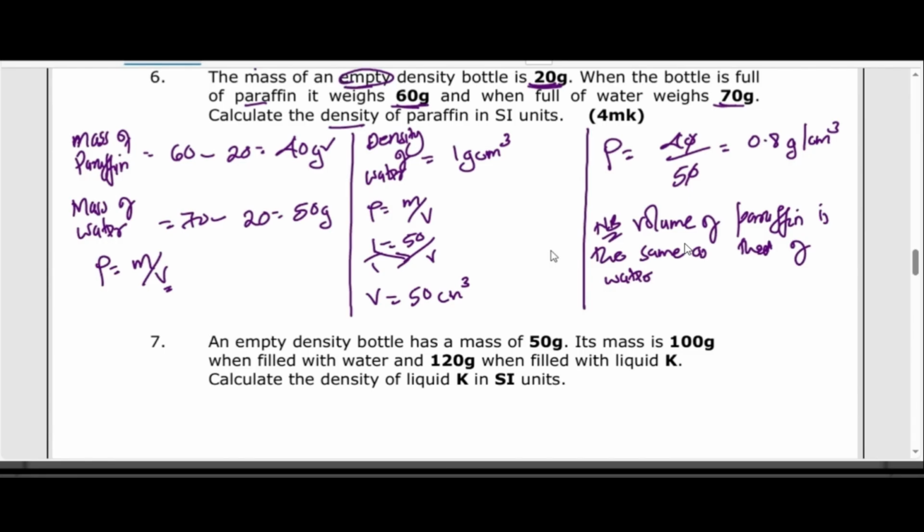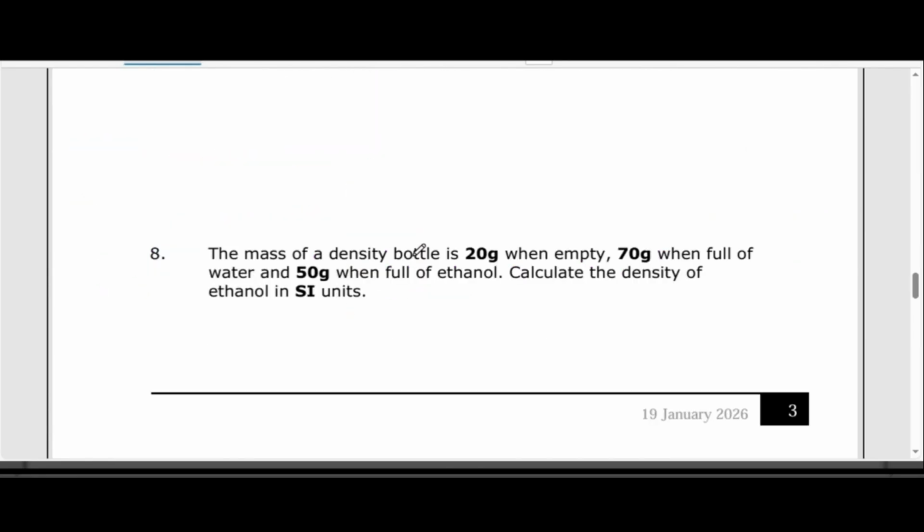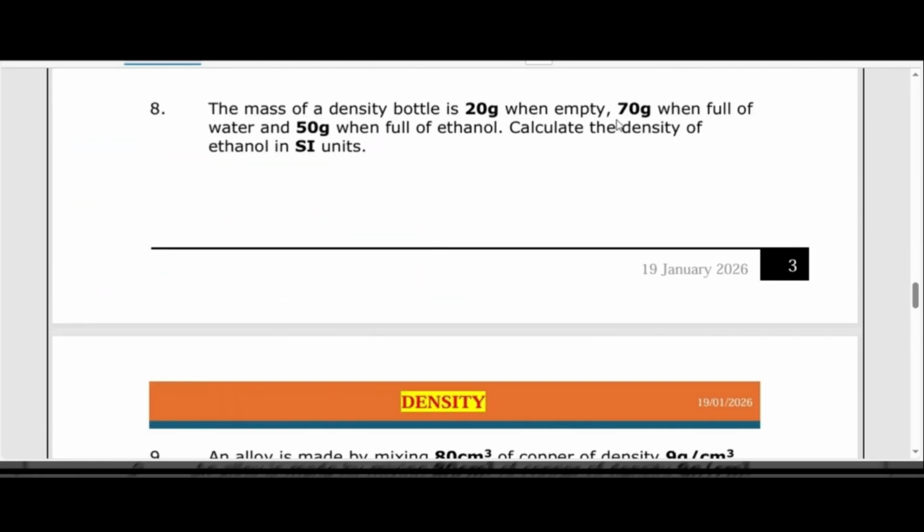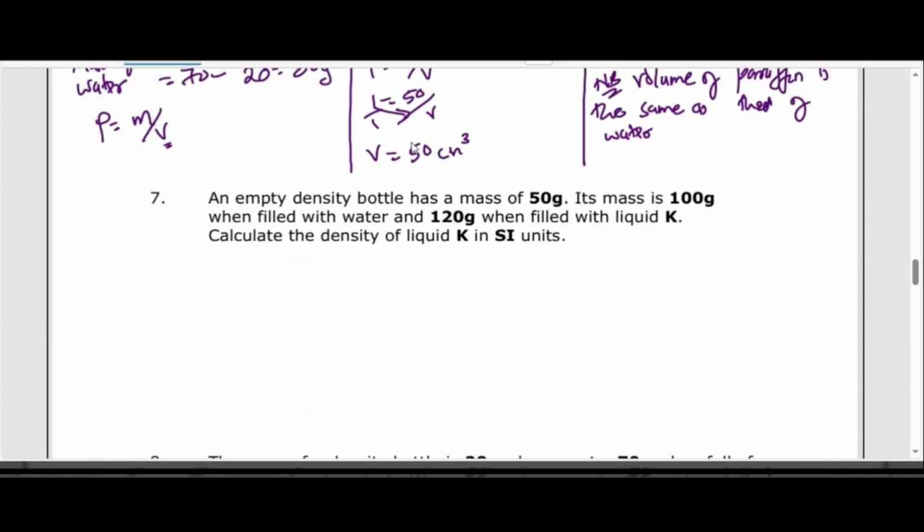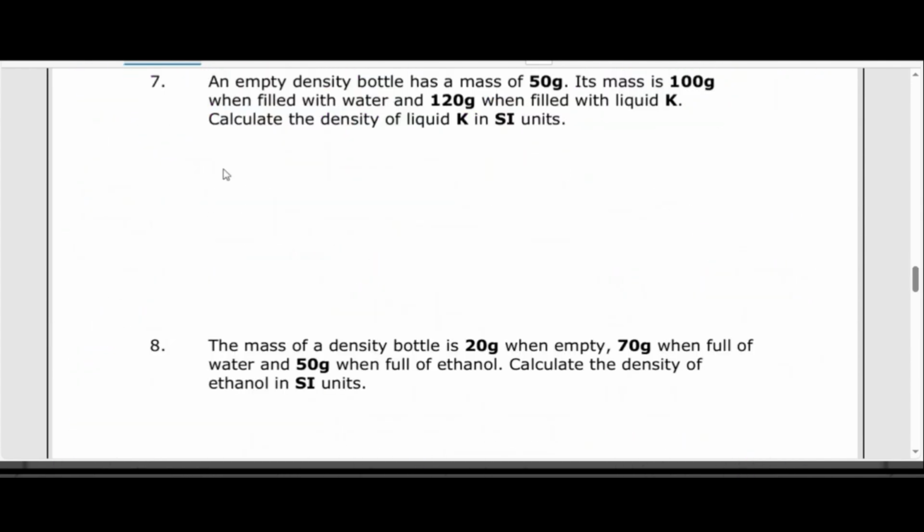The next one, I'll go to number 8. I've skipped one that you will do. This is number 7. Sorry, I have number 7 here.